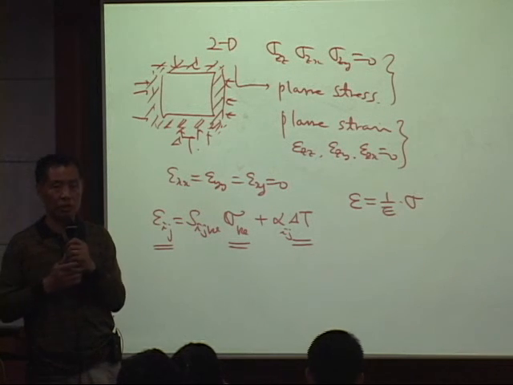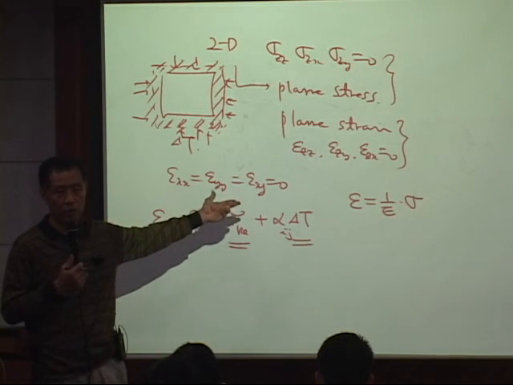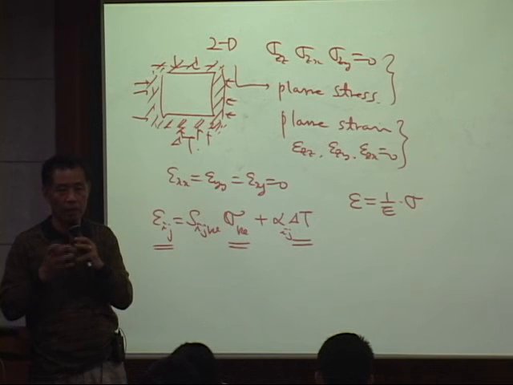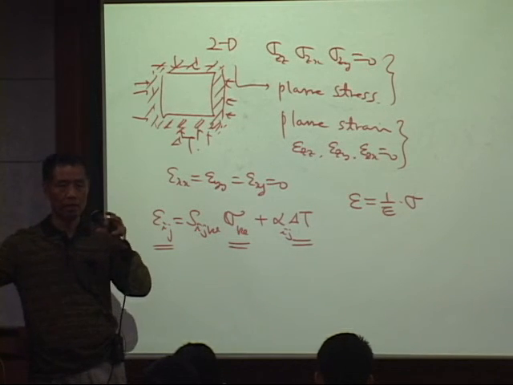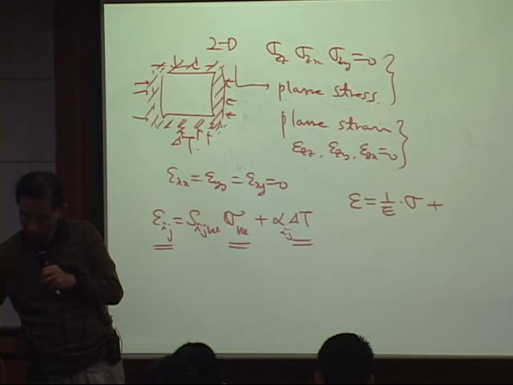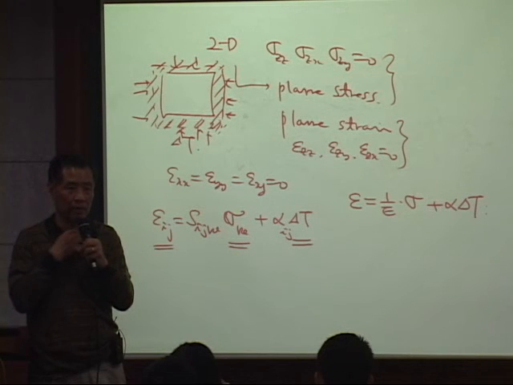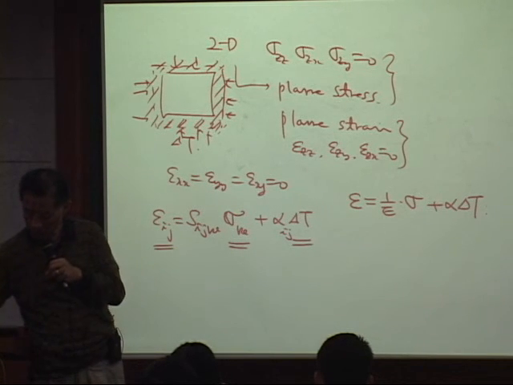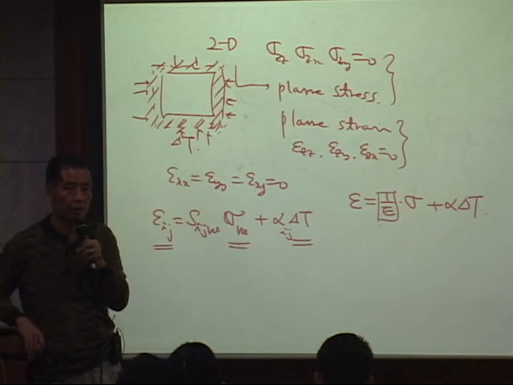This is the strain due to load, due to stress, right? A bar will be extended when you apply load. And there will be another deformation caused by delta T, right? So 1 over E, you got to remember this, 1 over E.